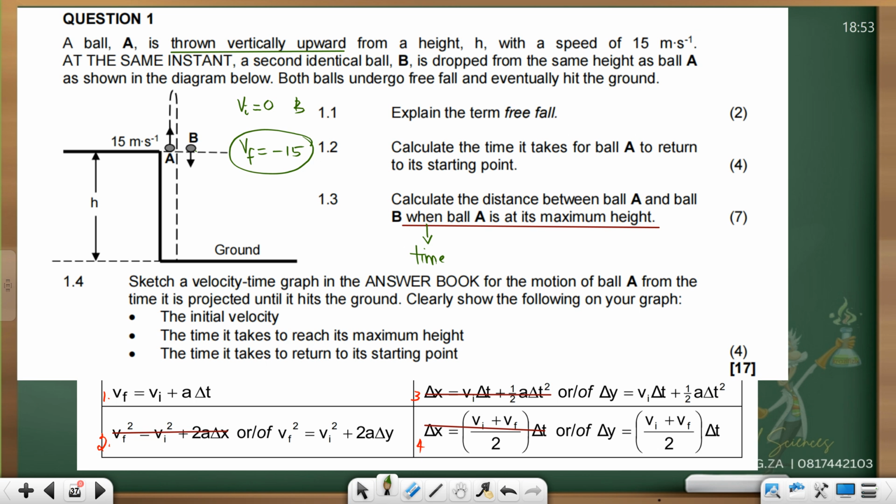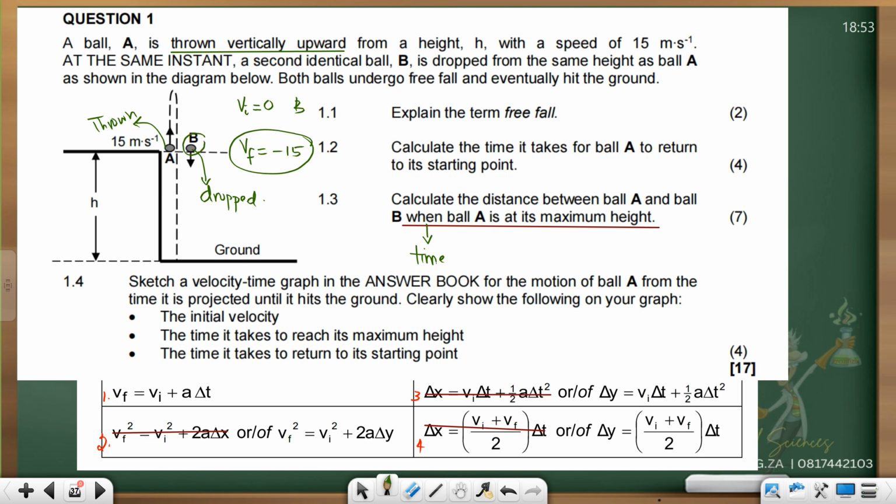But isn't it in the same... No. These are 2 different objects. A was thrown. B was dropped. So the velocities are not the same at all. Not like final velocity at the end, final velocity for that position. For which position? For where B is. But B is not here. B is where it was.